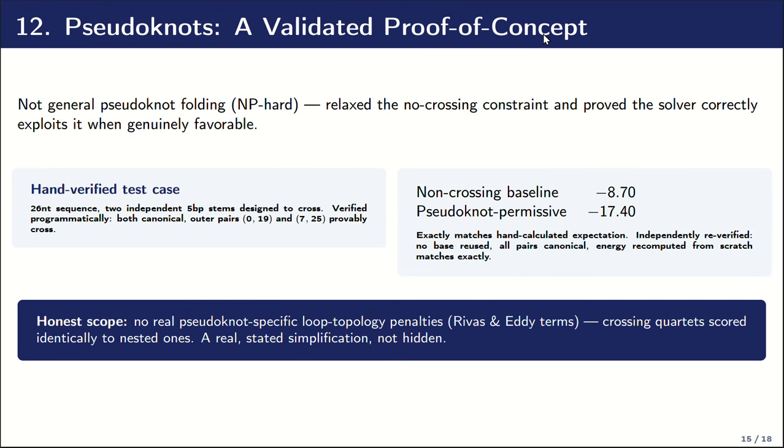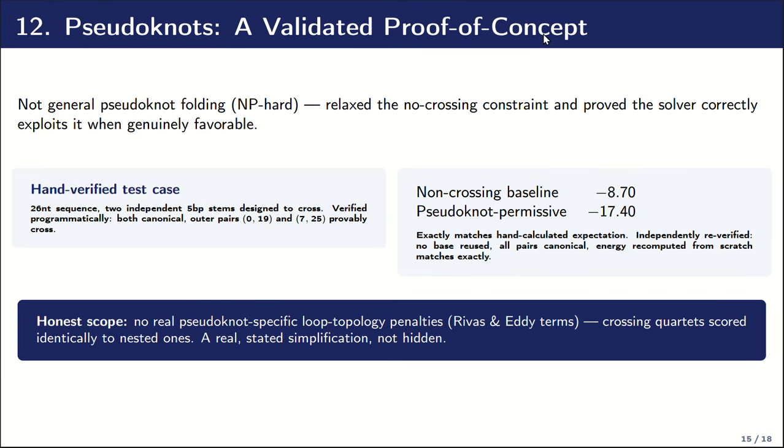Without allowing crossing, the best answer uses only one stem, negative 8.70. With crossing allowed, the solver correctly finds both stems together, negative 17.40, which exactly matches what I calculate by hand should happen if both stems' energies just add together, since they don't share any bases.